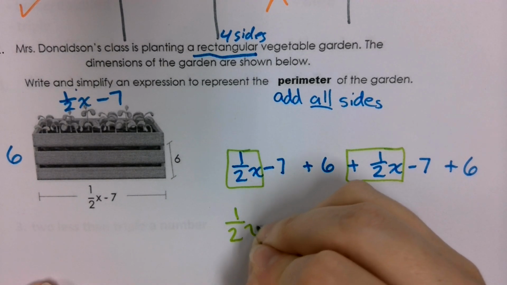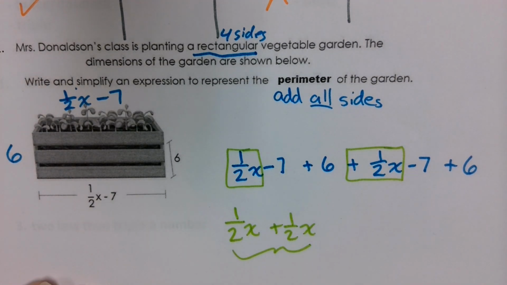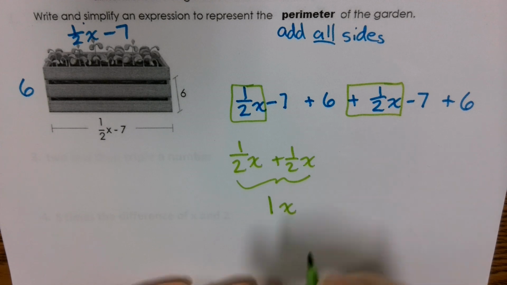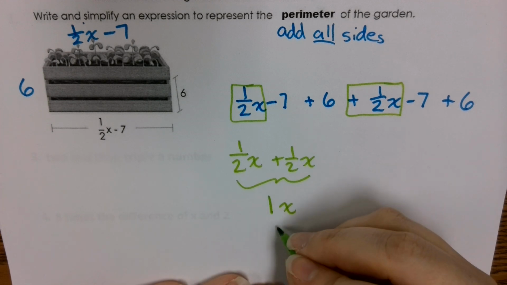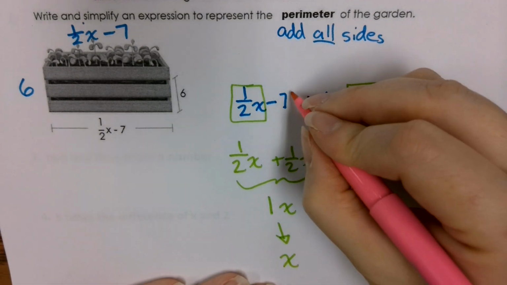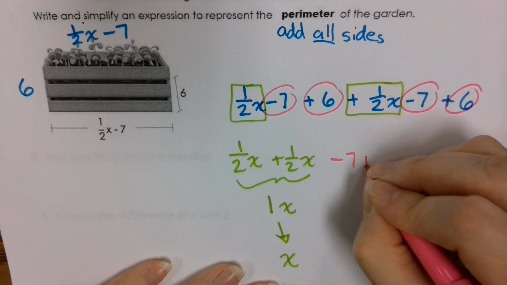What's half of an x plus half an x going to equal? What's a half plus a half, guys? A whole. So it's 1x. Do I have to write the 1? No, I could just write x. Then we've got a negative 7 and a positive 6, a negative 7 and a positive 6.